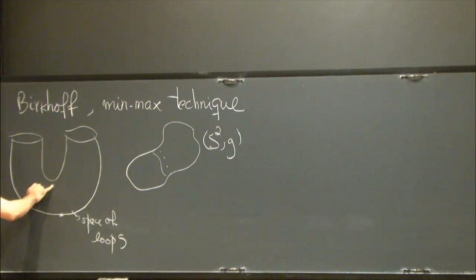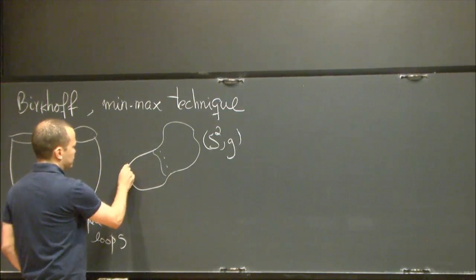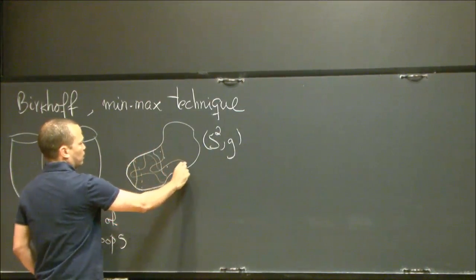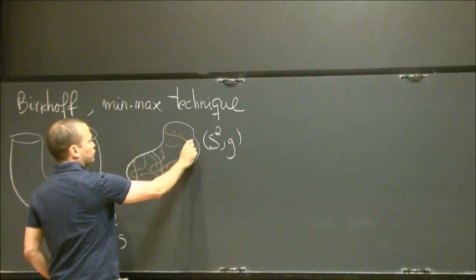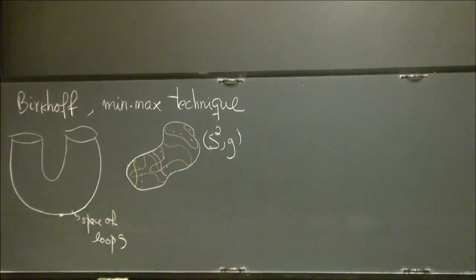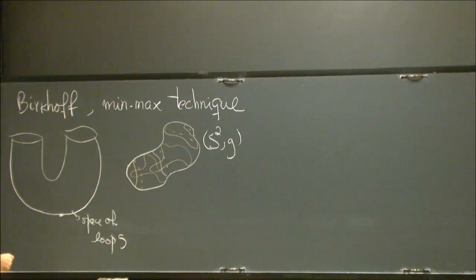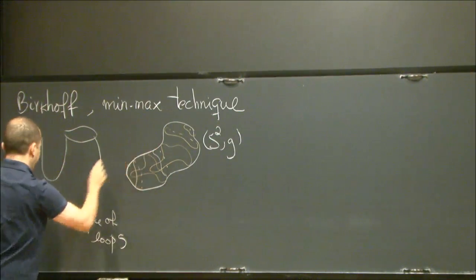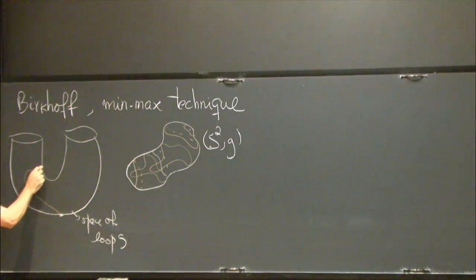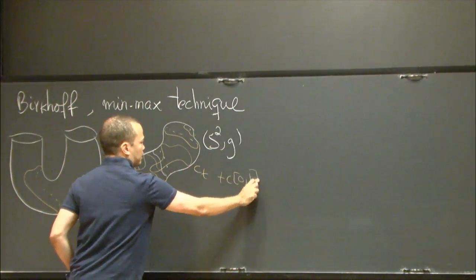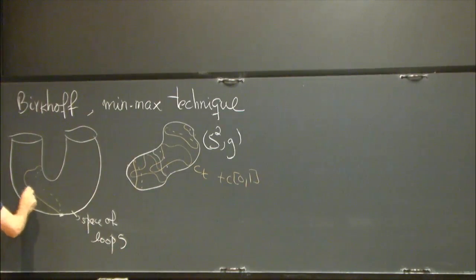But if you want to detect a non-trivial critical point, you introduce this idea of sweepouts. You take a one-parameter family of loops sweeping out a two-dimensional sphere in a non-trivial way. For each curve like this, it corresponds to a point here in the space of loops. So that particular one-parameter family would look something like this.